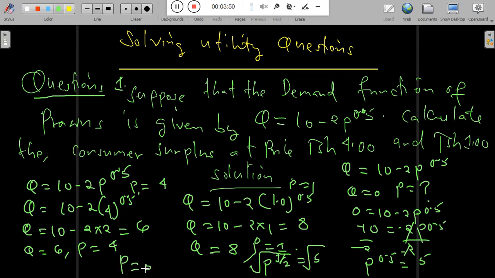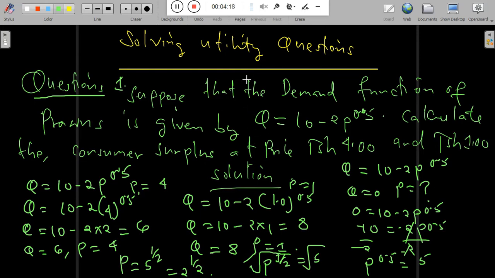So our price will be 5 raised to the power of 1/2, which is like saying the price is equal to 5 over 2.